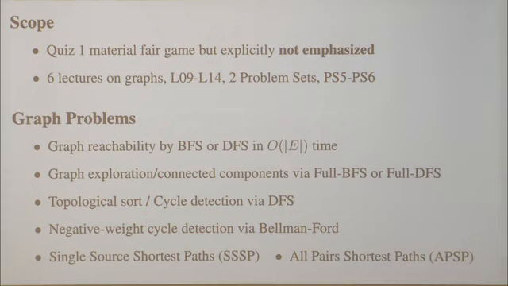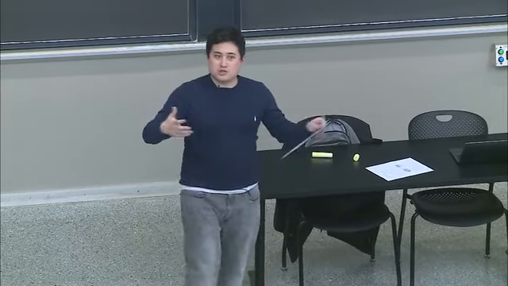Then we talked about exploring an entire graph, even if it's disconnected, not necessarily from a source, right? Just touching every vertex in a graph. Of course, we can just touch every vertex in a graph, right? I can look at the adjacency representation of my graph and just go through it. But really, we're trying to explore the whole graph, maybe count how many things are reachable from each other in the graph.